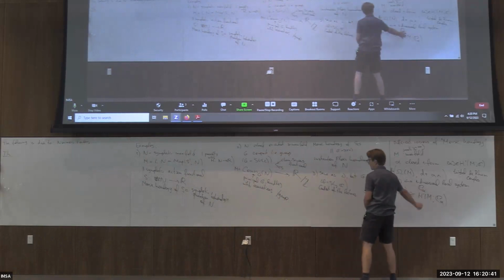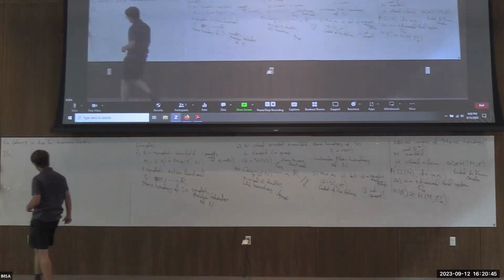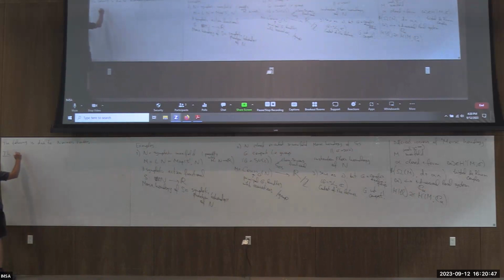This can be defined for topological spaces. So let's just say M is some finite CW complex.